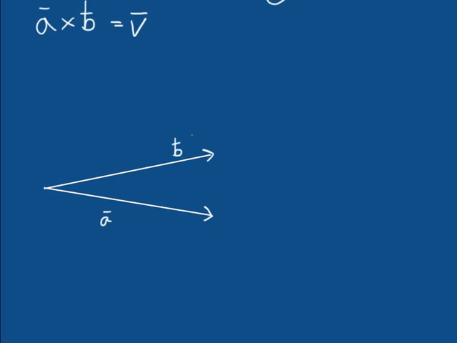Because it's n hat, it's a unit vector, so it has a length of 1 unit, and this n hat vector has a very special property. It's going to meet both our vector A and our vector B at a right angle. That is to say that n is mutually perpendicular to A and B.